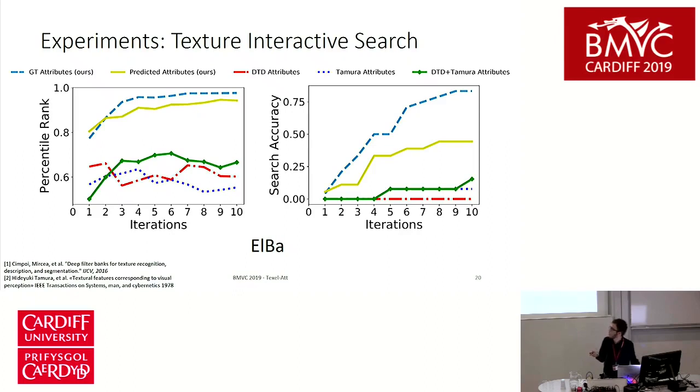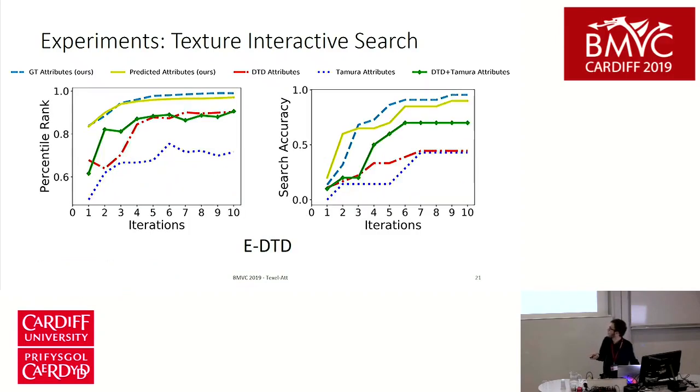And also, it's interesting to note that the ground truth attributes of ours perform better than the predicted ones, meaning that the closer that we estimate the texels in the image, the closer the attributes are to human perception, since it performs better during the search. This is on the ELBA dataset, always on the testing partition.